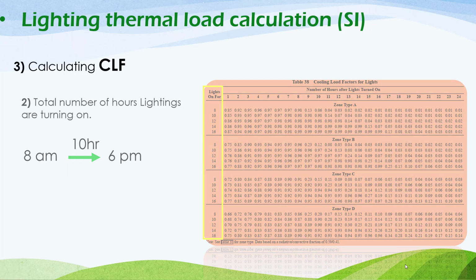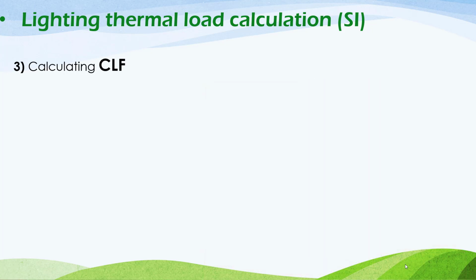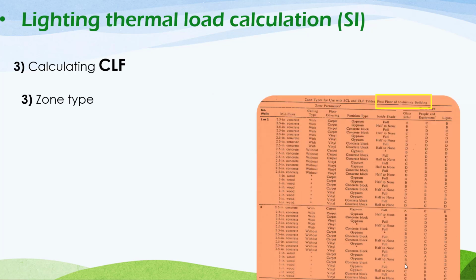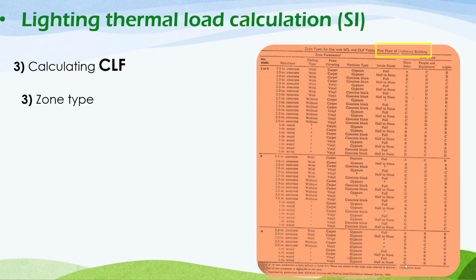Now the final factor we detect the CLF according to is the zone type, and this zone type, as we learned it before, depends on the nature of the building itself. So if our building is a single story building, we enter this table to select the zone type. And if the floor is the first floor of a multi-story building, we select the zone type from this table.